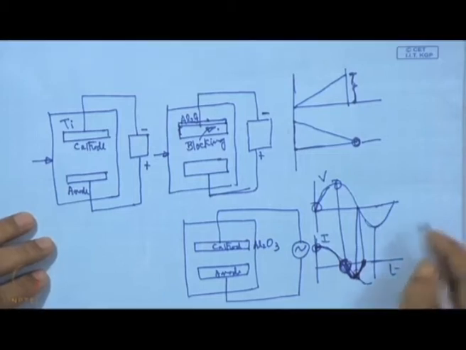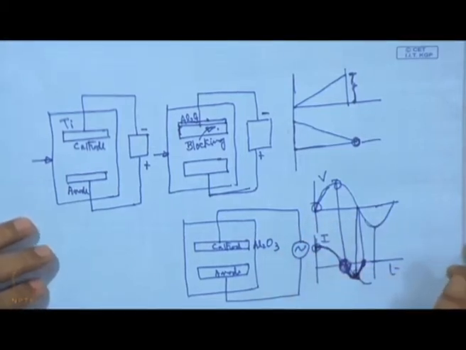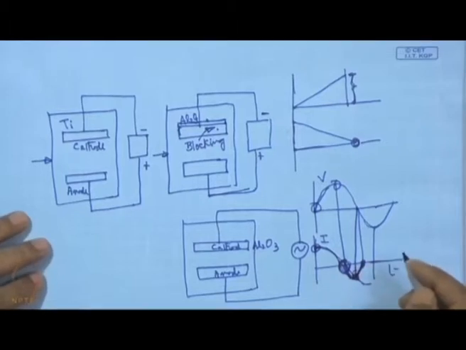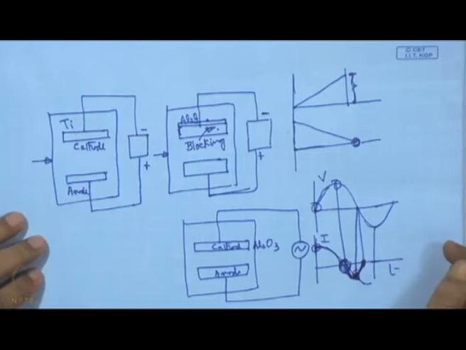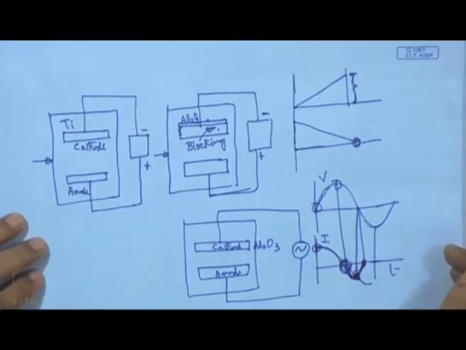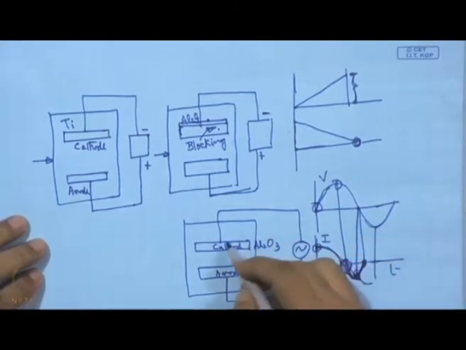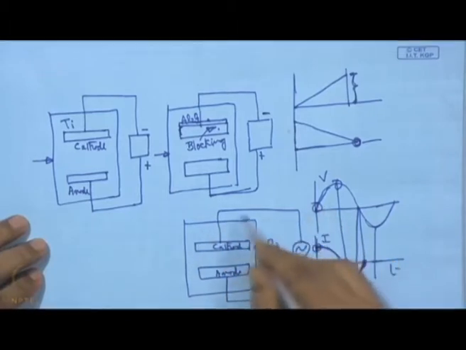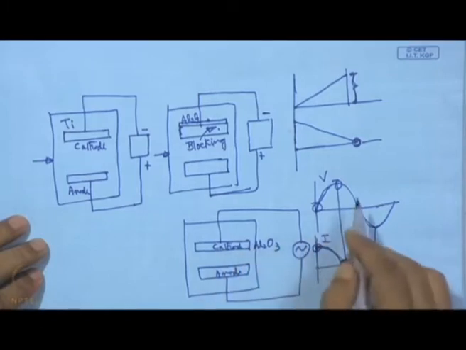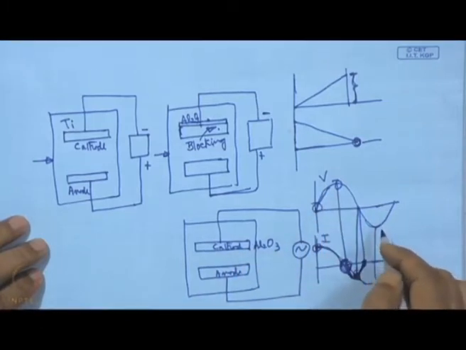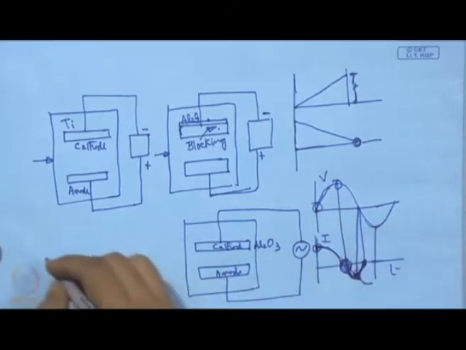So, this way we can follow this sine wave, but what is important here to know is that within one cycle the net current flow through this capacitively coupled device against this alternating voltage is going to be 0.